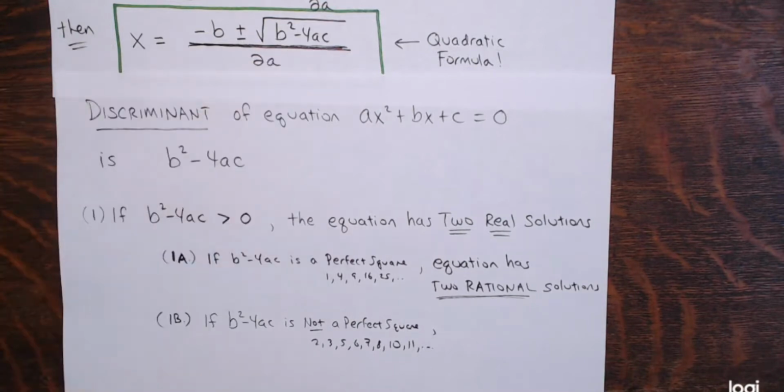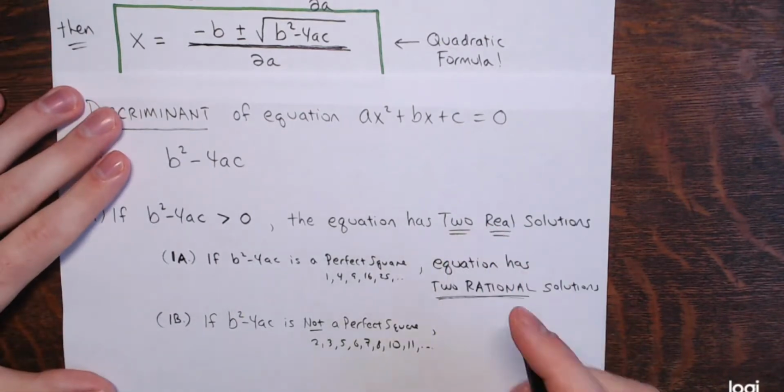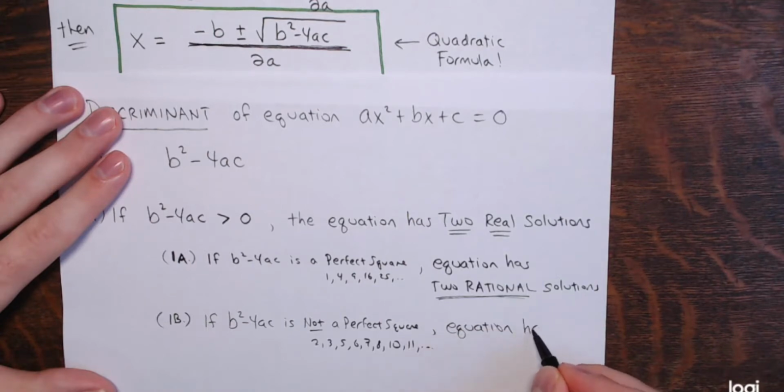Square root of 2, square root of 3, square root of 5. Those are irrational. They can't be expressed as an integer over an integer. You'll still have real solutions, but they'll be the irrational type of real. The equation in that case has two irrational solutions.